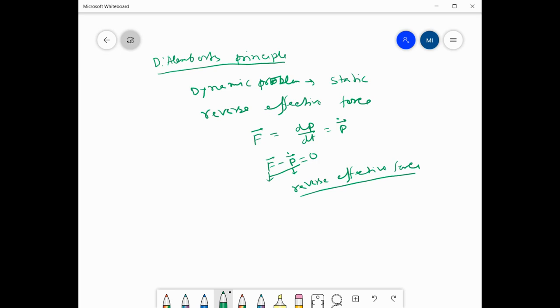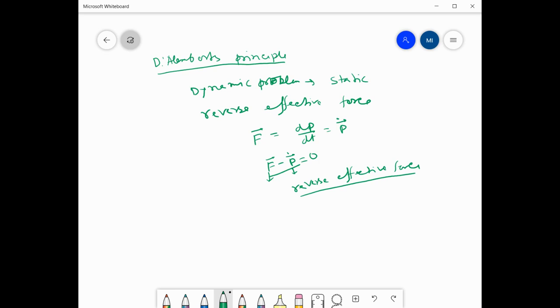There cannot be a separation between hand and ball. If there is a separation, then you cannot apply the force. So in the frame of the ball, you see that the ball and the hand are in equilibrium. So there is a reverse effective force, right? By introducing the idea of reverse effective force, the system is in equilibrium, right?